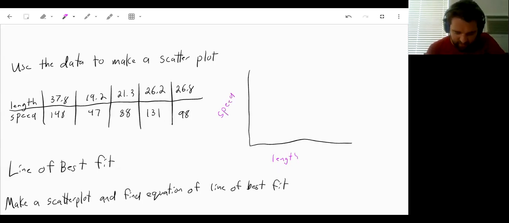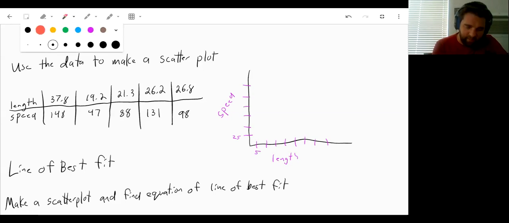Our length goes from 19 up to almost 40, so let's go up by fives: 5, 10, 15, 20, 25, 30, 35, 40. Our speed goes from our lowest, 47, to our highest, 148. So let's go by 25s: 25, 50, 75, 100, 125, 150.